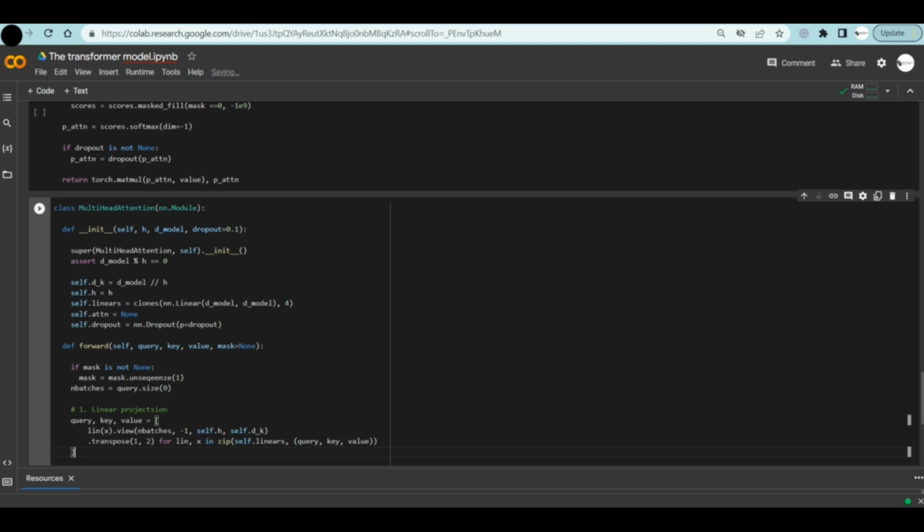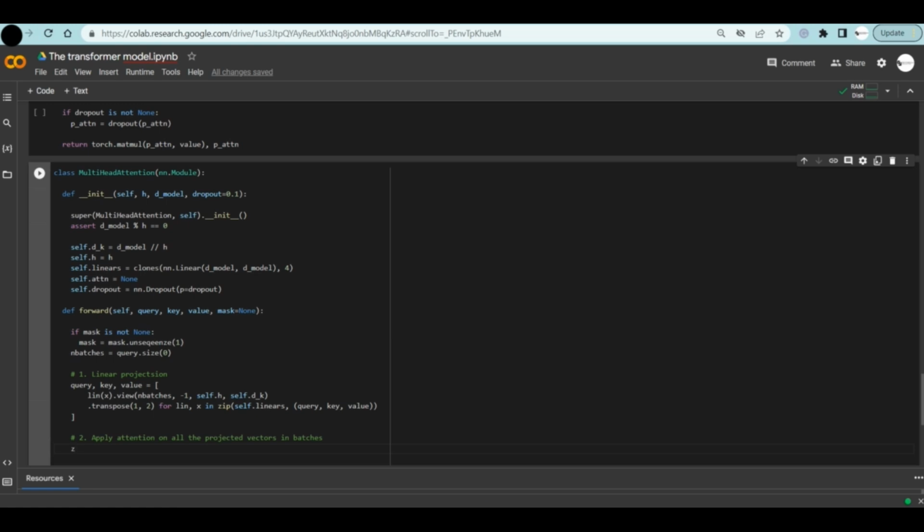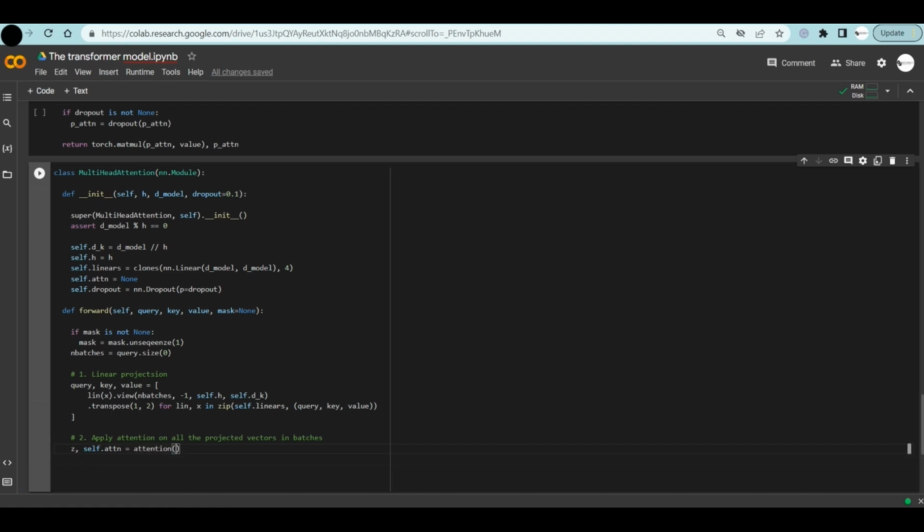The next step is to apply attention on all the projected vectors in a batch. So we say x, self.attn equals the attention function that we created.